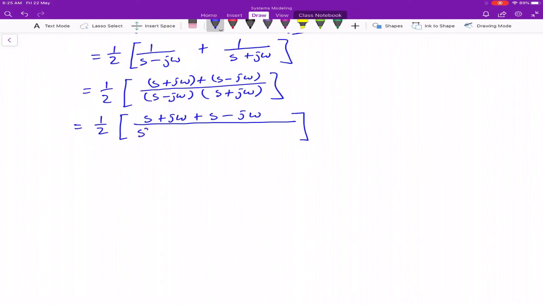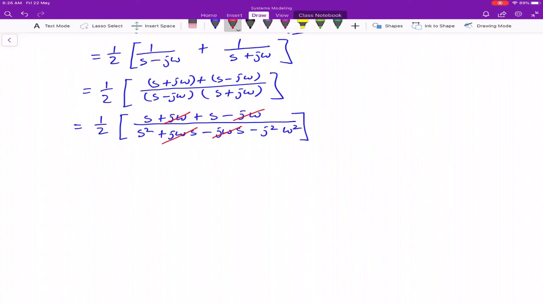We are going to have s squared plus j omega s minus j omega times s minus j squared omega squared. So we can see the top part, the j omega will cancel out. This j omega and this j omega will cancel out. j omega s and j omega s will cancel out.